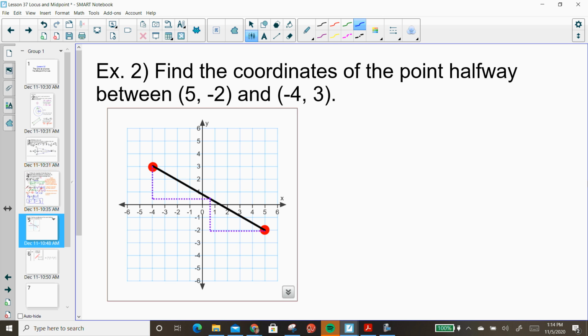So midpoint means I start out with 2 points, those where I've got the 2 big red dots, 5, -2, and -4, 3. I want the midpoint, so I want this point so that the distance to the first point equals the distance to the second point. And I can imagine those little dotted purple triangles that I've drawn there.